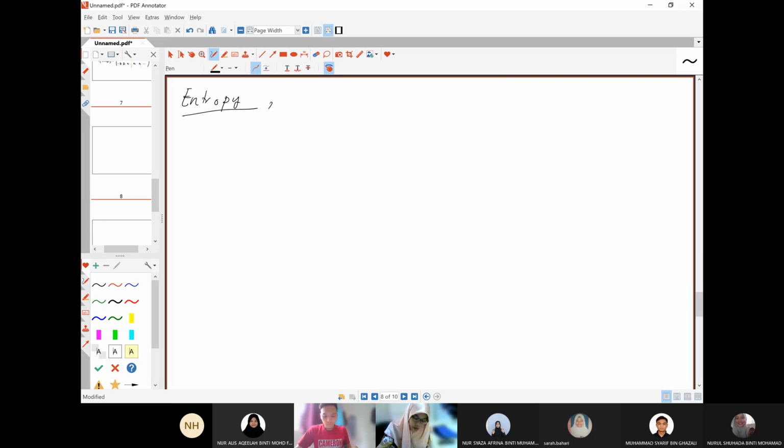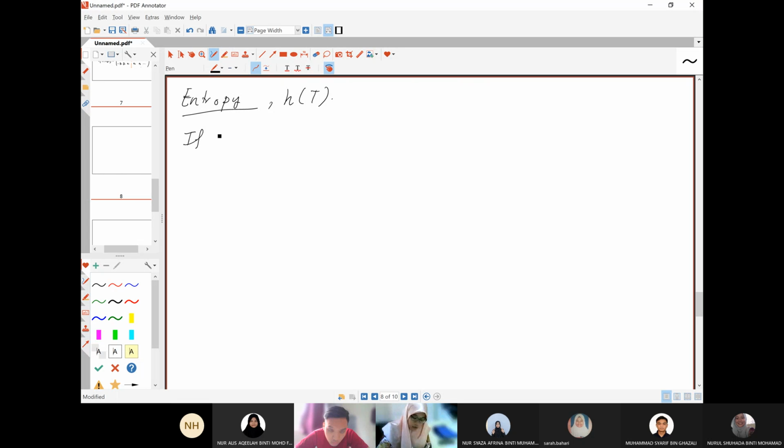So entropy we write it as H of T. So that means the entropy of the transformation T. So H ni kita panggil dia entropy. Ni memang dia dah guna zaman beratus-ratus tahun yang dulu. Entropy dia guna notation dia H. Okay.